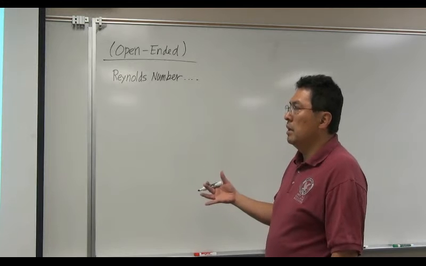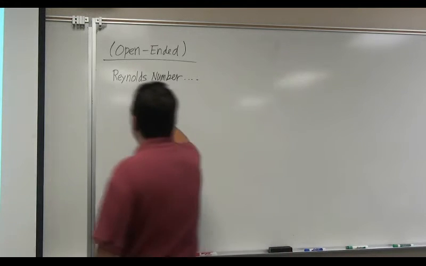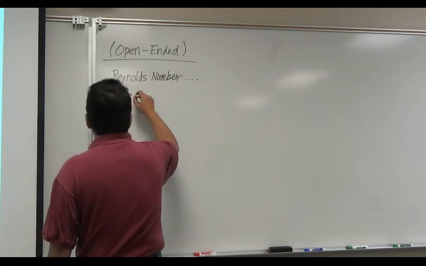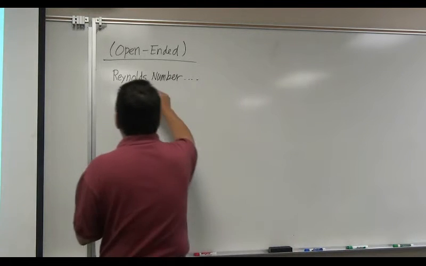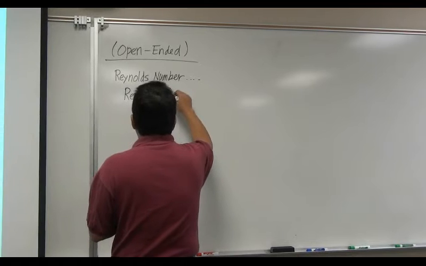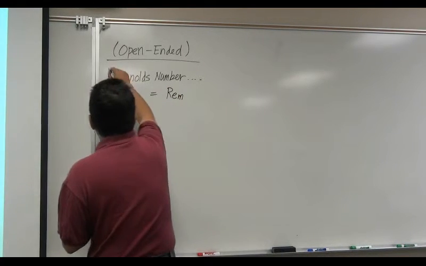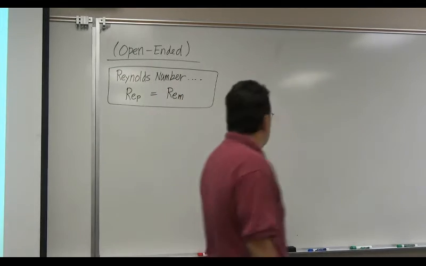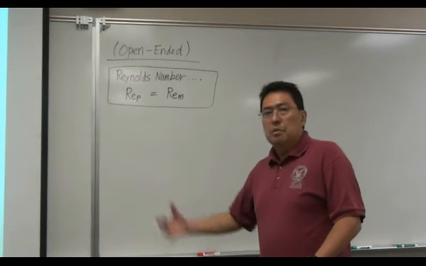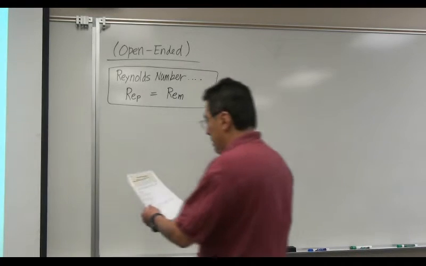You want to make it equal to each other, okay? So let's say Reynolds number of the prototype P is equal to Reynolds number of the model. You want to set that for your wind tunnel testing. Usually it's impossible, but let's take a look at it, okay?